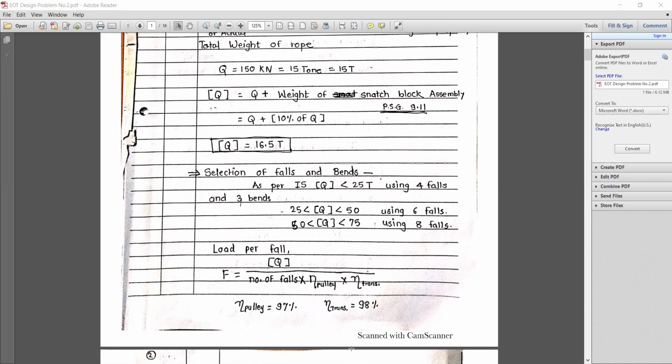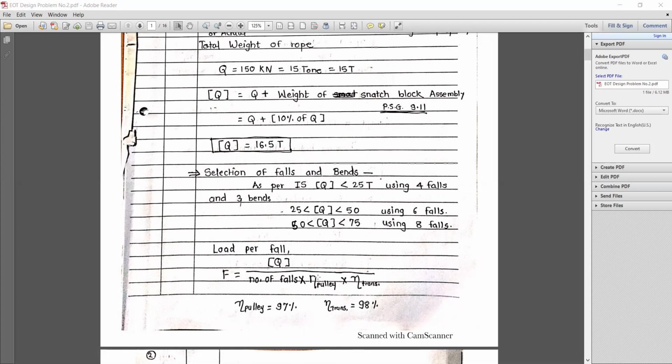And if the load is between 50 to 75, we can use an 8 fall pulley system. As I say, if you use more falls or bends, it reduces the load per fall, and it can increase the load carrying capacity with the existing system.